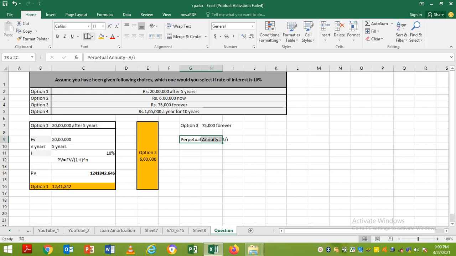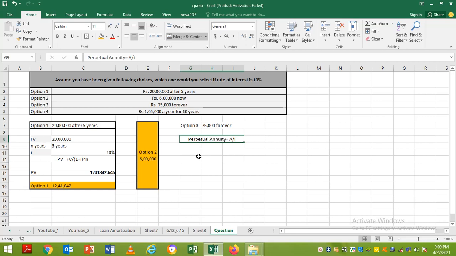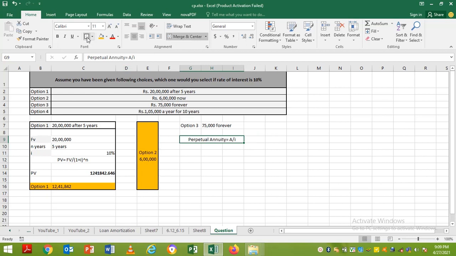We have the annuity and we have the rate of interest. So the value equals 75,000 divided by 10%, which is 7,50,000. So in option number 3 we have 7,50,000 as its value.